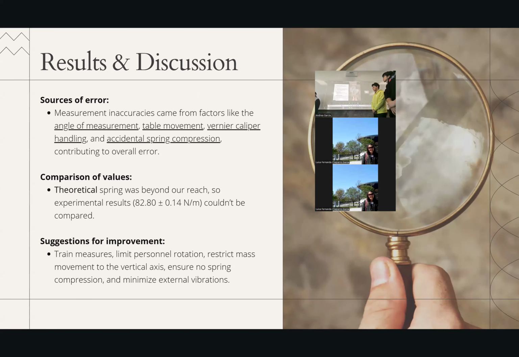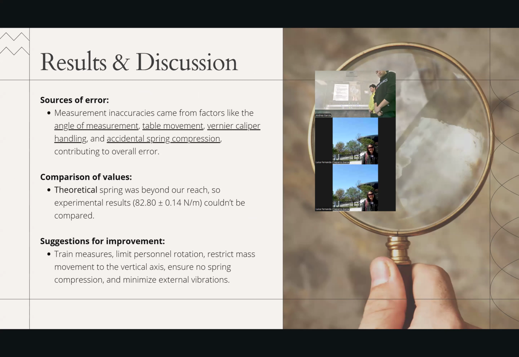Okay, so finally, for the results and discussion, we found some sources of error, such as the angle of measurement when we were using the vernier caliper. Also, table movement, because we were rotating the person making the measurements. Also, accidental spring compression while measuring, because it was along the vertical y-axis, so there was a little compression.